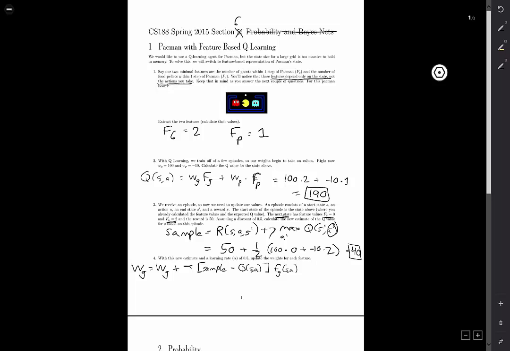When we calculate this out, the current weight is 100 plus 1/2 times the sample, which is 40, minus the Q value, which is 190, times the feature, which is 2, and this equals -50.